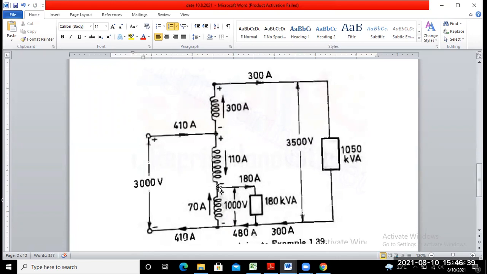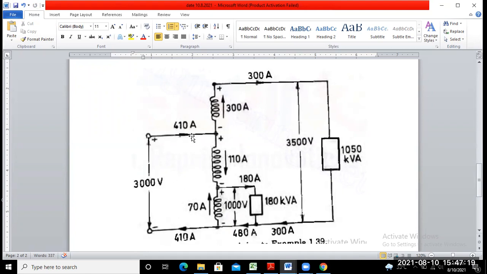If you apply KVL, then you may now find out the total load kVA, or the summation of the load kVA, that is nothing but how much? 1050 plus 180. That means 1230 kVA. So if you divide 1230 kVA by 3000 volt, you will get the current drawn from the supply, that is 410 ampere.